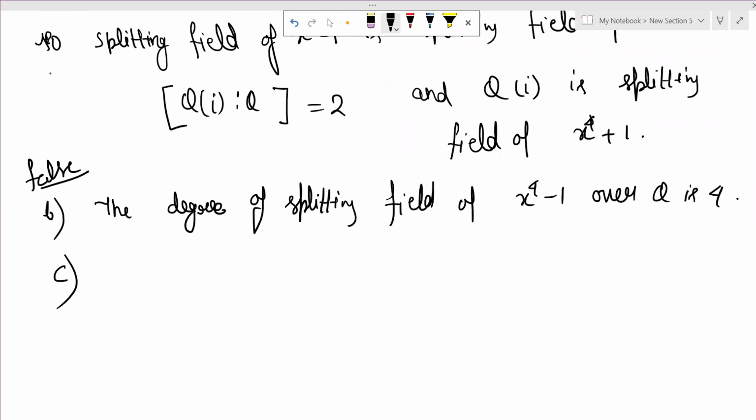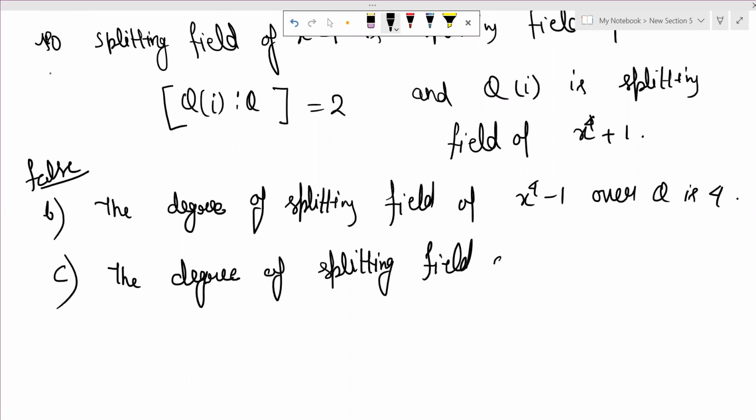The next part is: the degree of the splitting field of x to the power 8 minus 1 over Q is 4.